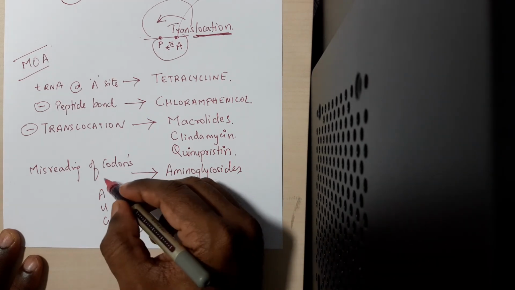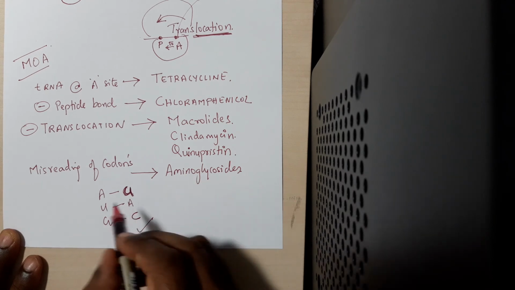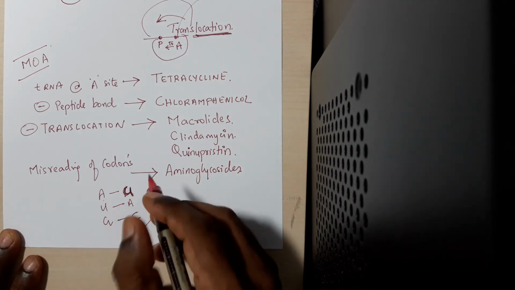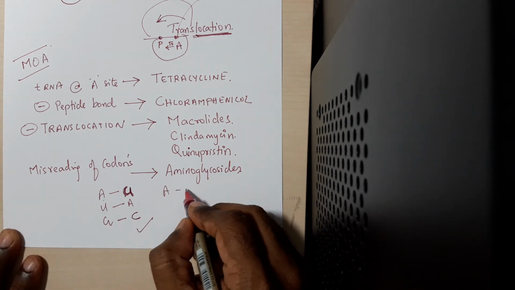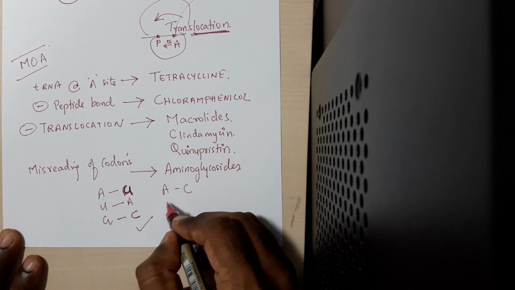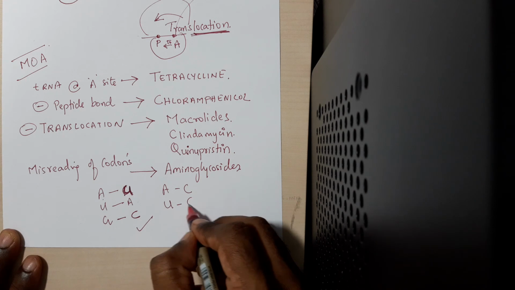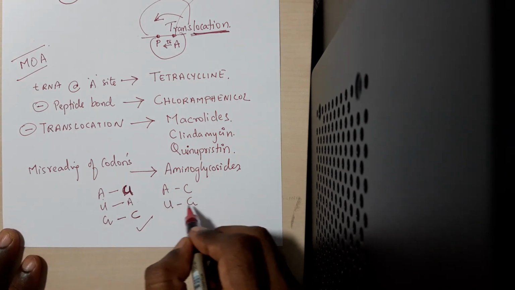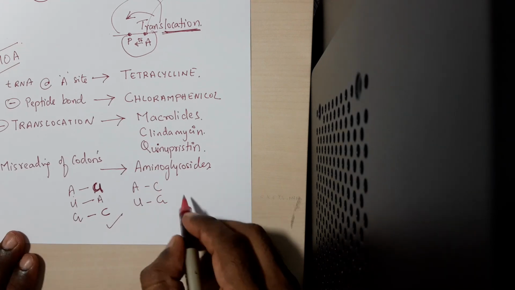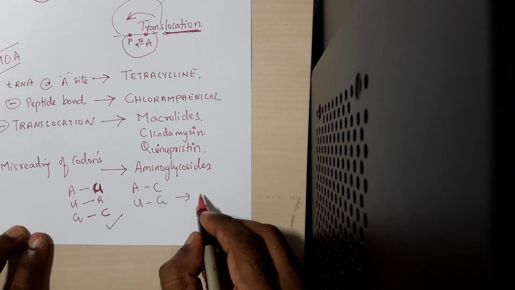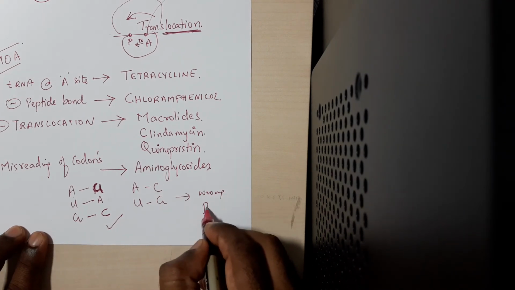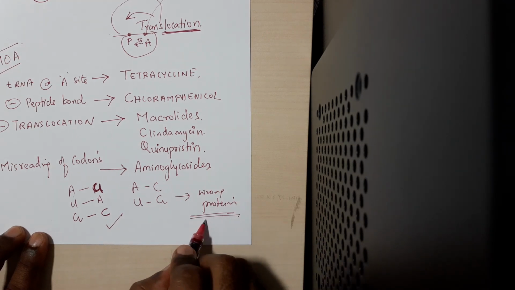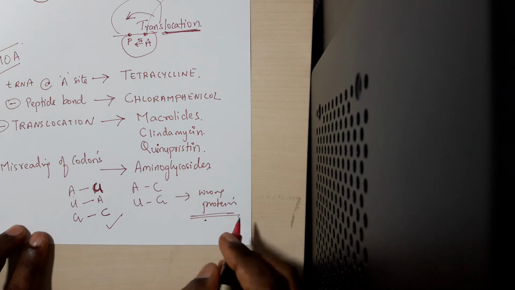But when you give aminoglycosides, instead of A and U pairing up, it will be A and C or something like that, and U and G, something like that. So all the pairing will be wrong, and ultimately there will be wrong protein formation, and this wrong protein formation will cause the bacteria to lyse.